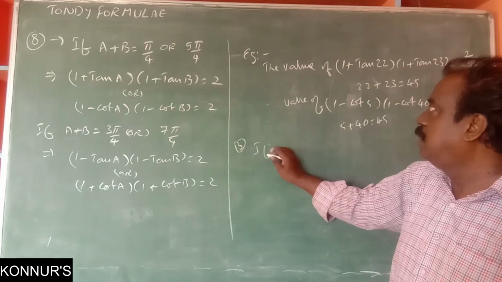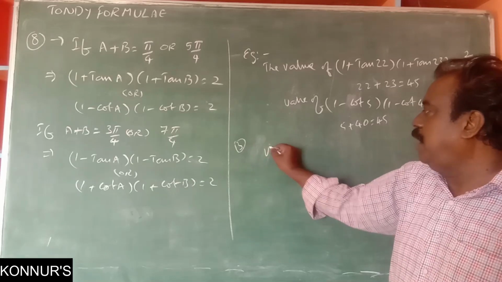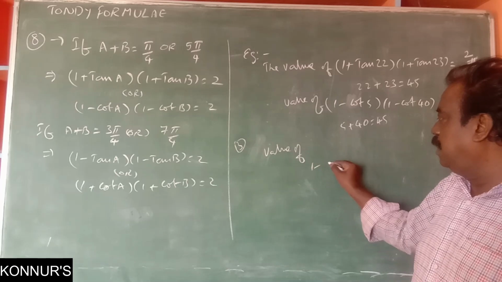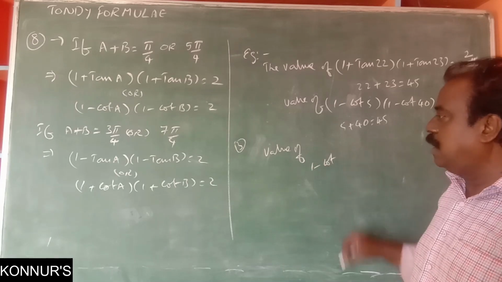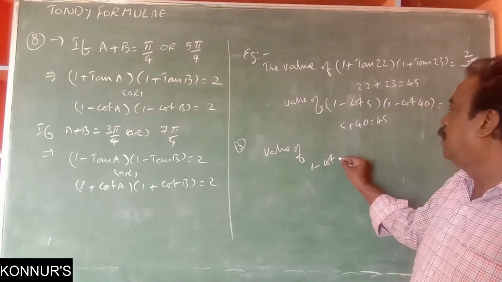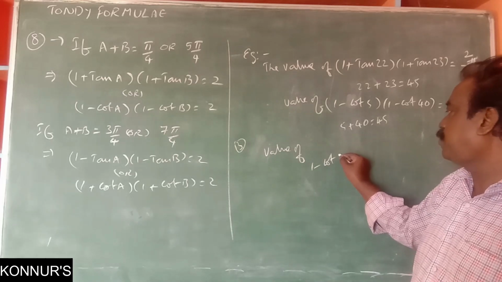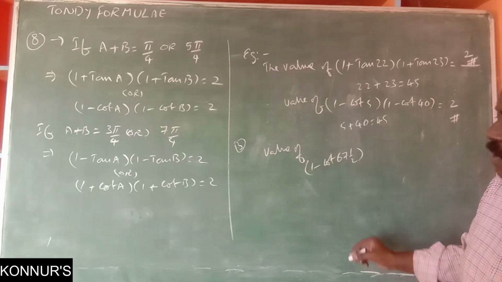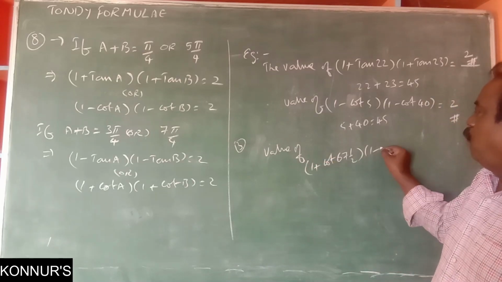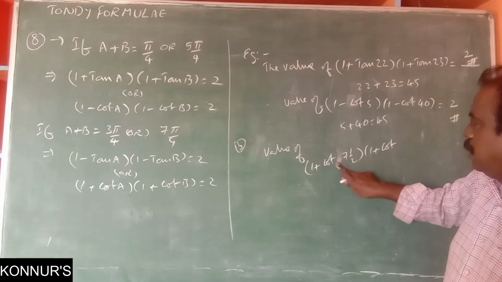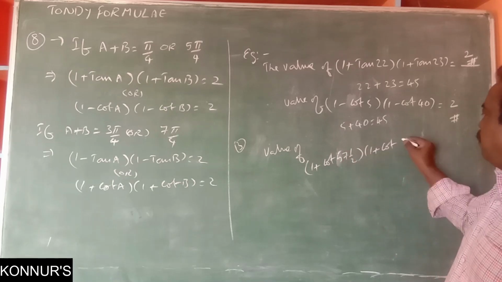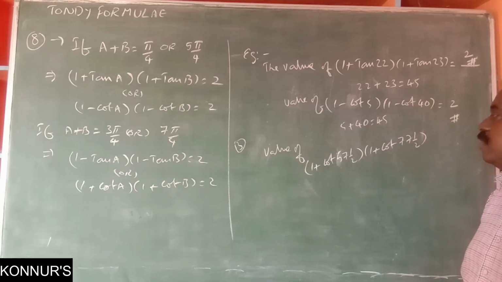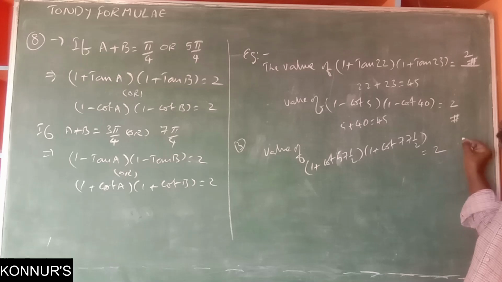Otherwise the value of, you see, 1 minus cot 67.5 degrees, 1 plus cot 57.5 degrees and 77.5 degrees. Its value, see, is also 2. Why?